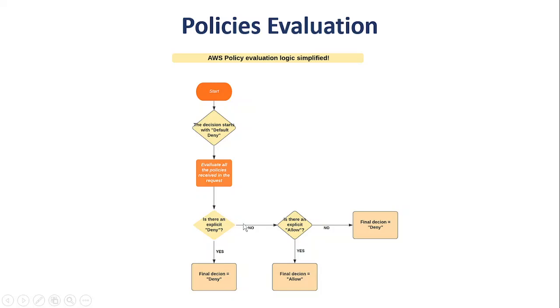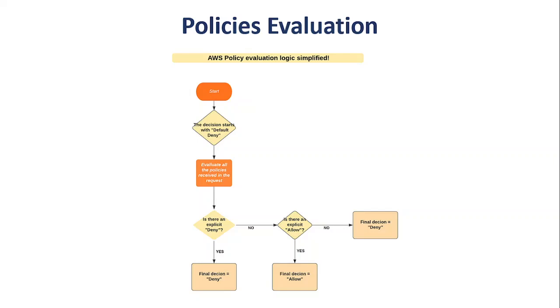So the final decision will be a denial. If it is not explicit, then it will check for explicit allow. If it is there, then yes. If it is not, then as I said, the final decision will be denied because it starts with a default deny. So it is important to note that deny statements in S3 bucket policies take precedence over allow statements, and allow takes precedence over the default deny policy.